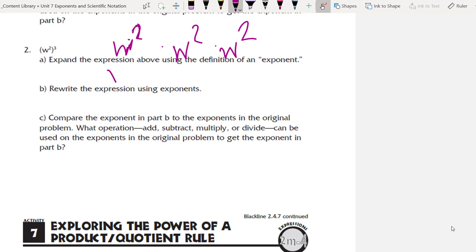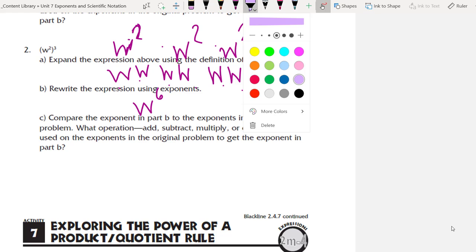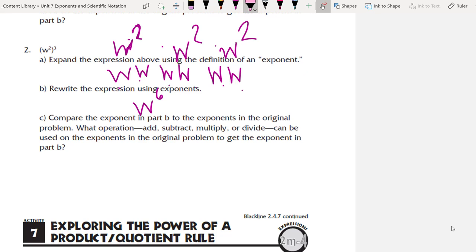And if I break it down even further, decompose it further, each of those w squared would be w times w. And if I rewrite that expression using exponents, it would be w to the 6th. So how do I go from this to this with the exponents? What do I do with those exponents?